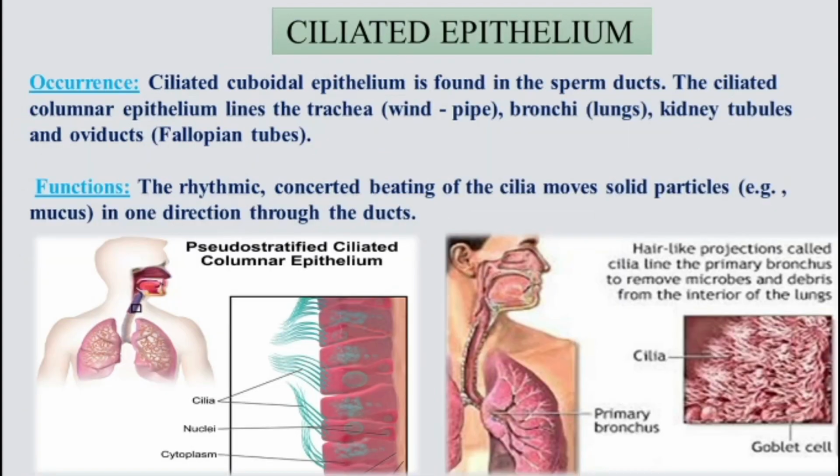Ciliated epithelium occurrence: ciliated cuboidal epithelium is found in the sperm ducts of the male reproductive system.